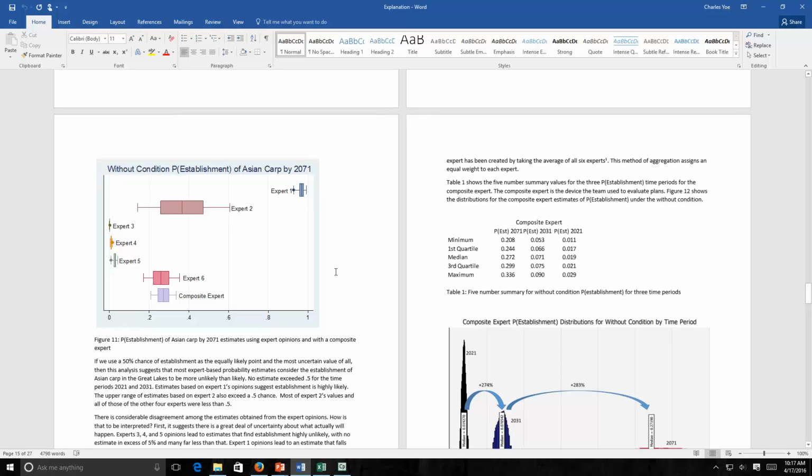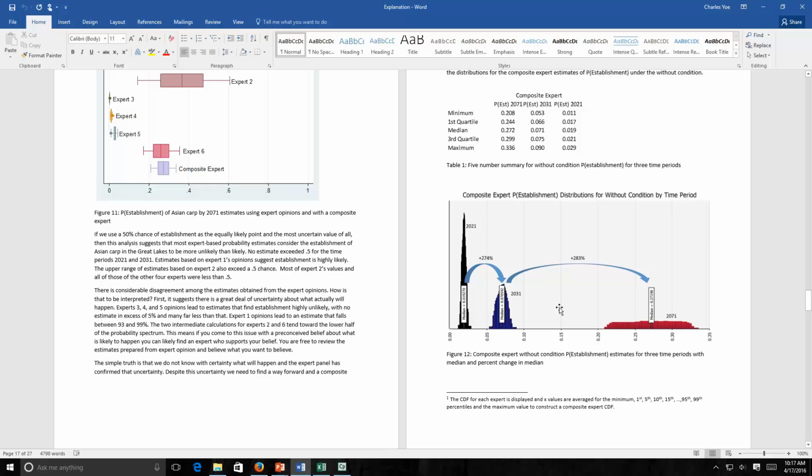So once again, you can take a look at how the experts came out on this. Expert 1 feels that the establishment is virtually inevitable. Experts 3 and 4 indicate that it's relatively unlikely. Experts 2, 5 and 6 indicate something in between. And so we have a composite expert here that we use.